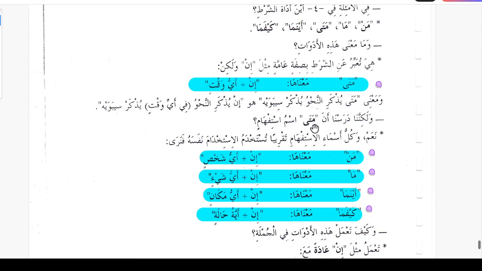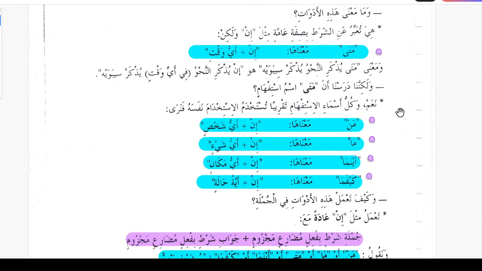But we have studied that mata is ismu istifham. Yes, and all the nouns of questioning, asmaul istifham, are used in the same way.